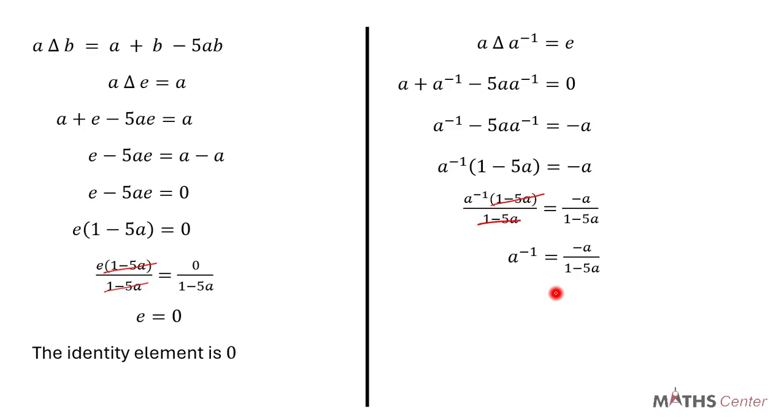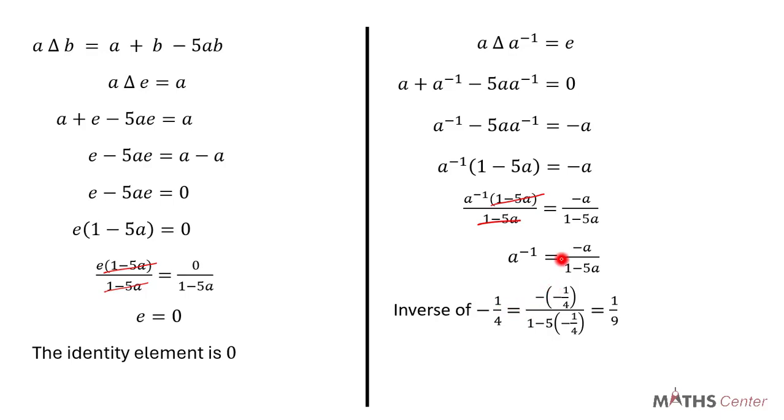So if you want to find the inverse of negative 1 divided by 4, we will substitute negative 1 divided by 4 into this function. So where we see A, we will replace it with negative 1 divided by 4. So the inverse of negative 1 divided by 4 will be equal to, on the numerator we have minus A, but A is now negative 1 divided by 4 because we are finding the inverse of negative 1 divided by 4.